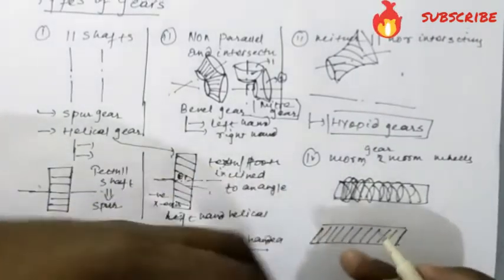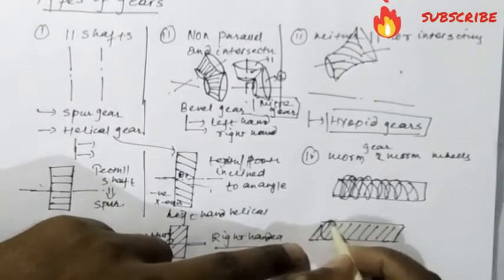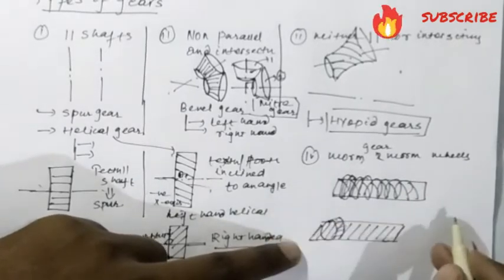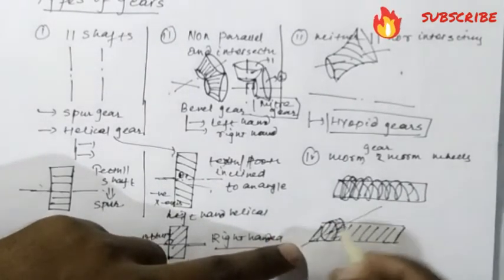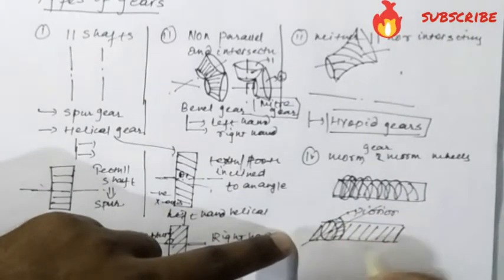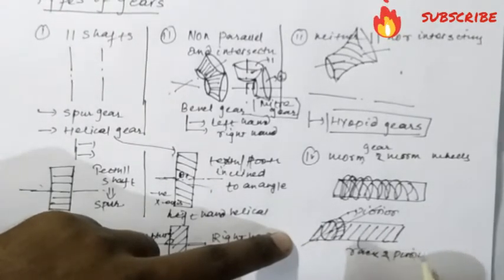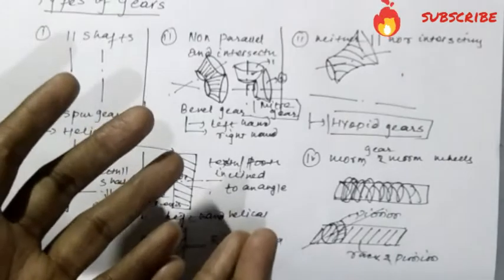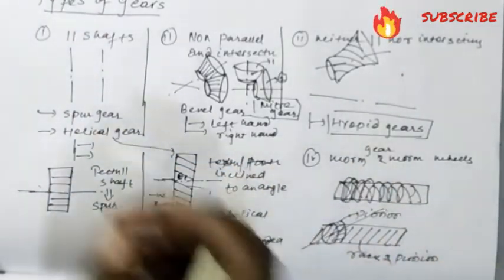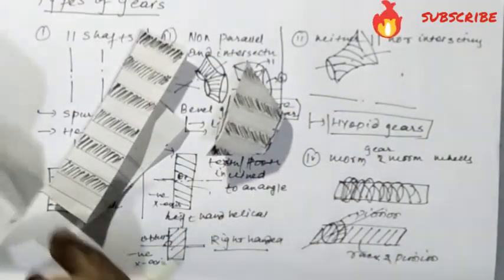A gear with infinite radius looks flat, and the another gear with a small radius rolling on that is known as pinion. So this is known as rack and pinion system, where one gear is of very large radius. Got it? So these are the basic classification of the gears which I explained to you today.